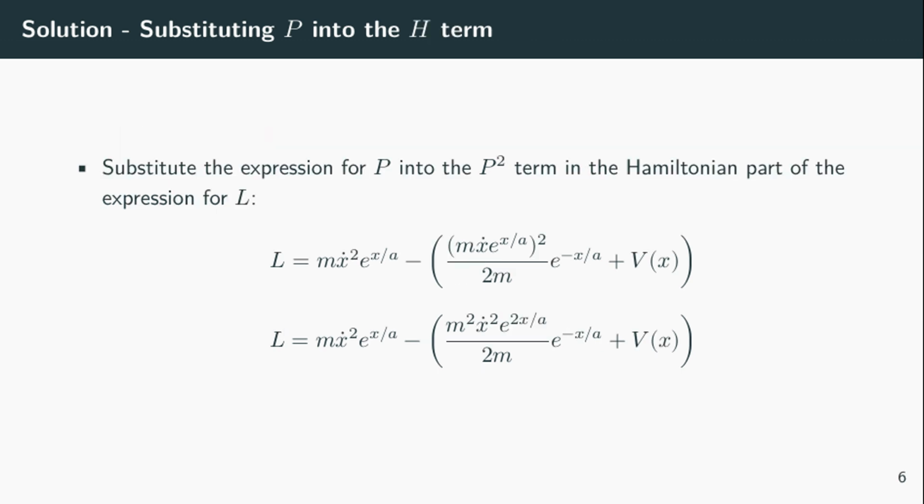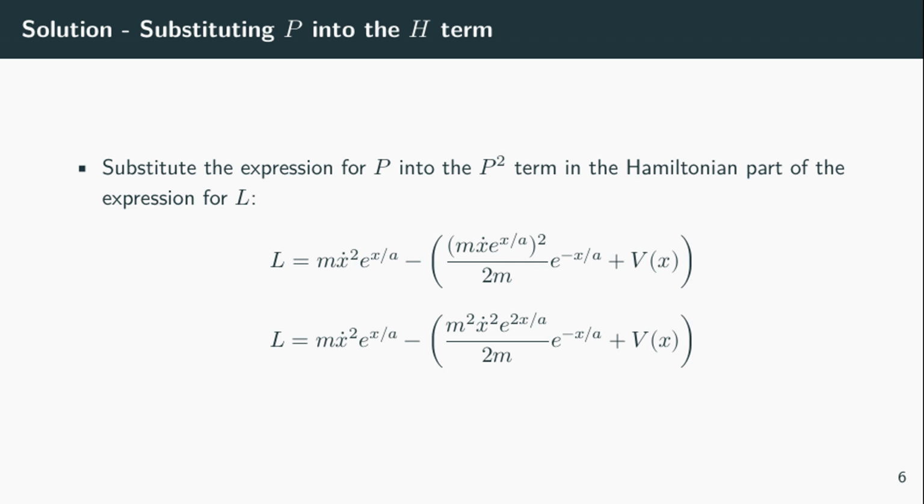Now we need to substitute the expression for p into the p squared term that's inside the Hamiltonian part of our formula for L. Remember, p is m times x dot times e to the power of x over a. So p squared will be (m x dot e to the power of x over a) squared. Let's substitute that in.